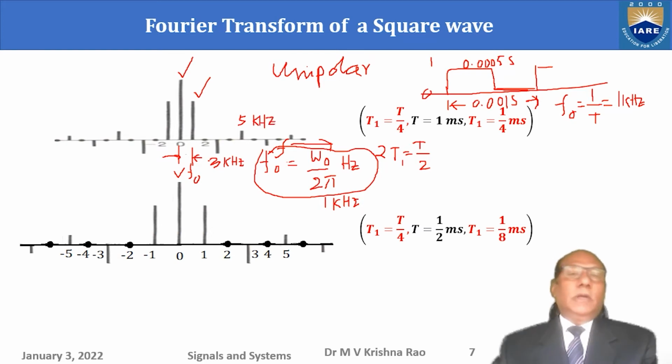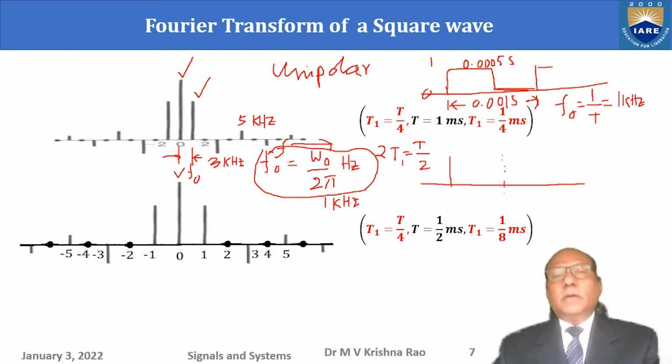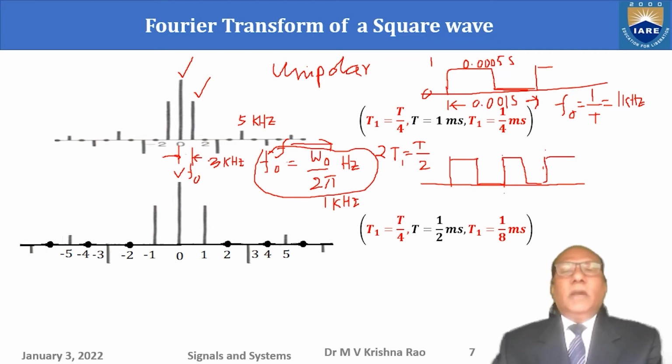Now the same thing I am taking, and I am making the time period half. This is the previous cycle for us, and now I am taking the waveform like this. The period is half and it is a square wave.